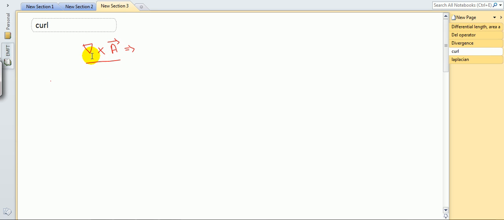Now if I do the cross product of the del operator with a vector field, this is known as curl of A. Like divergence, curl of a vector also has a different formula in each coordinate system, so I will write the different formulas.